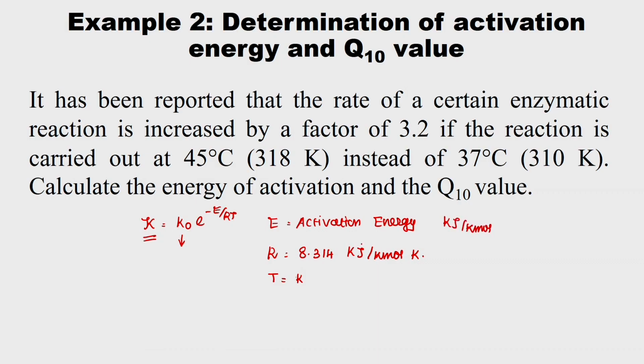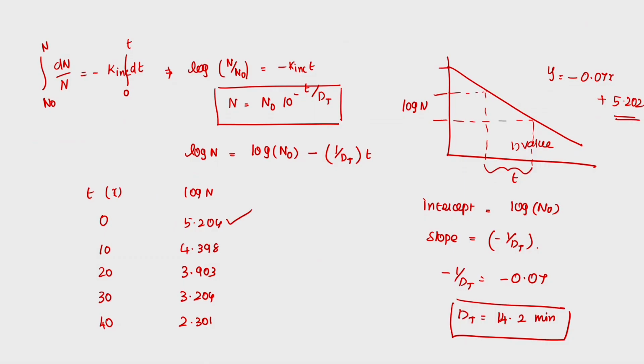What was asked is: it has been reported that the rate of a certain enzymatic reaction is increased by a factor of 3.2 if the reaction is carried out at 45 degrees instead of 37 degrees. If you remember the D value that we talked about, at a particular temperature I get a D value.